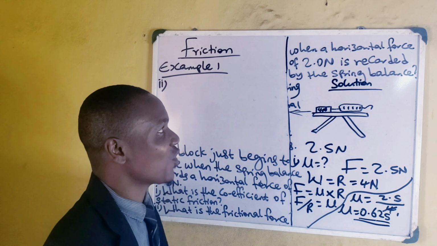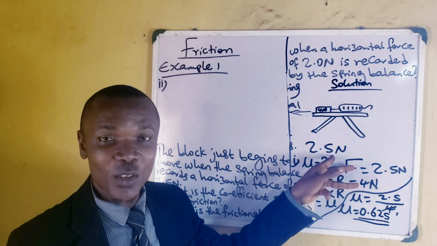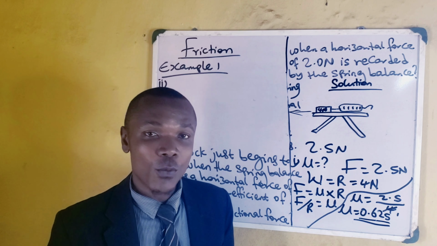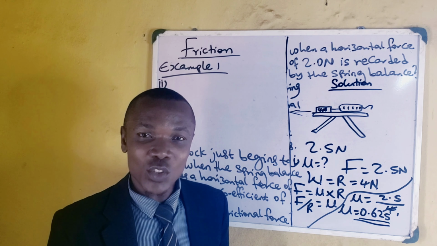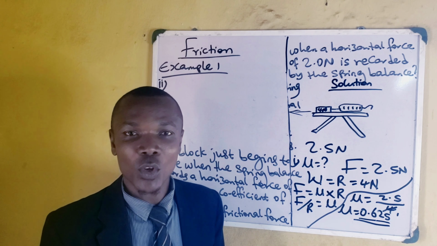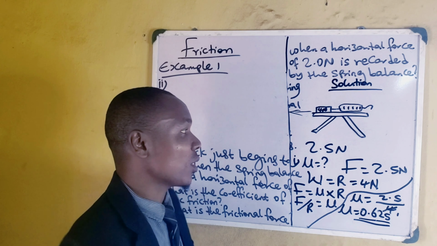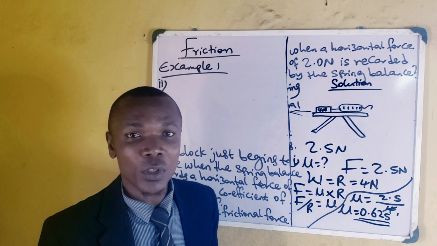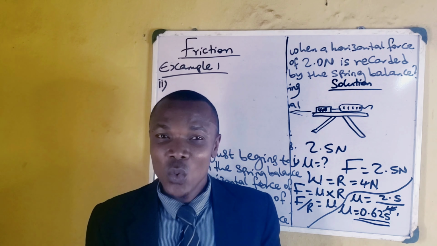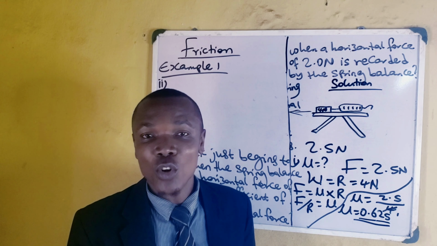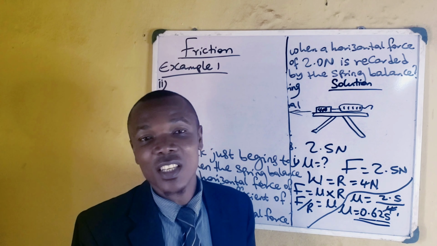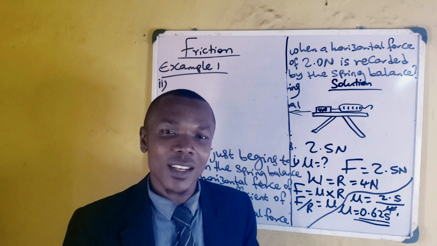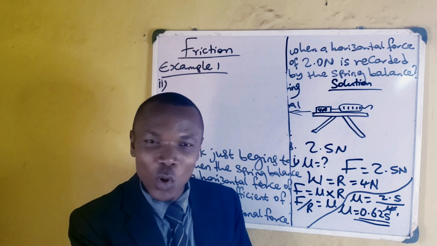I said earlier, if we have a truck or a vehicle and you are pushing it alone, you will notice that you will not be able to push it. Why? Because you cannot exert up to the static friction, where the object will start moving. So what actually happens is that the object, which is the car or the vehicle, will give you back the same quantity of force that you are exerting, in the opposite direction.